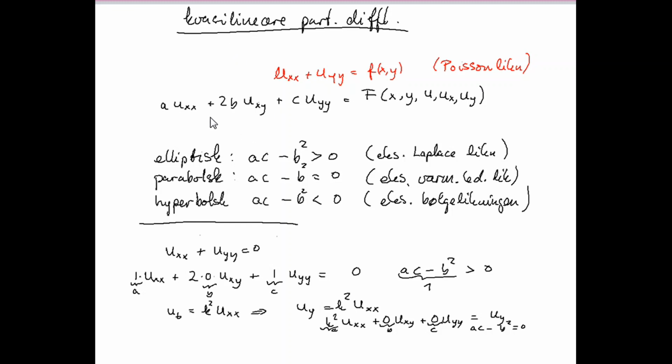Second order quasi-linear partial differential equations are of this form. We have some constant a multiplied with the second derivative of the unknown variable u with respect to x, plus some constant 2b multiplied with the derivative of u with respect to x and with respect to y, plus a constant c multiplied with the second derivative of u with respect to y.